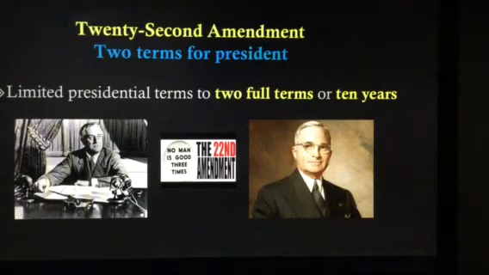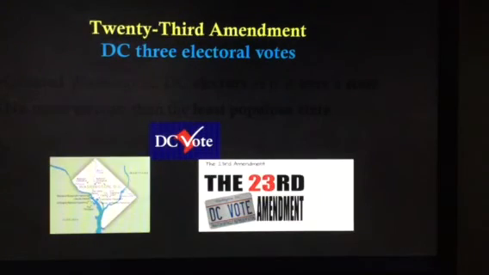Truman served 3 years, filling out Roosevelt's term, was elected in 1948 on his own and had 4 years. But he could not run for a 2nd full term. That would have given him 11 total years in office. So he could not run again in 1952. 2 full terms or 10 total years in office, the 22nd Amendment.